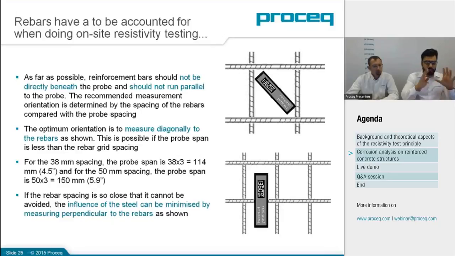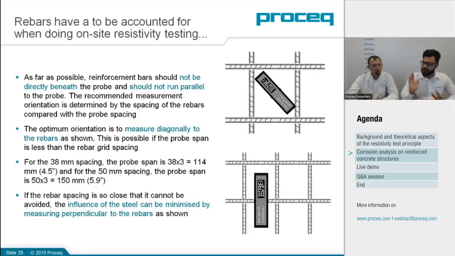And lastly, just as a side note, bear in mind, whenever you're dealing with covers above 30 millimeters, the effect of rebars becomes very, very small. So you could almost ignore them in those cases.